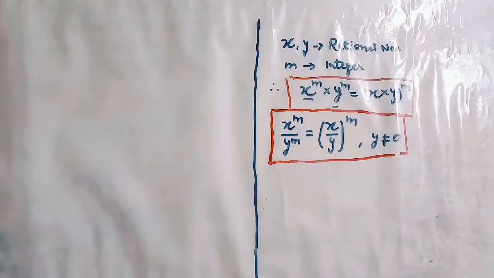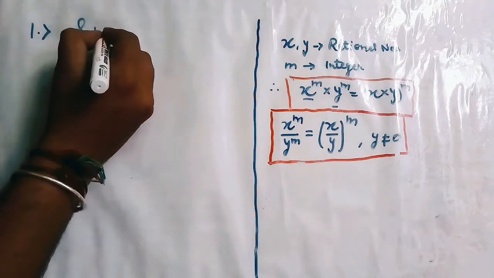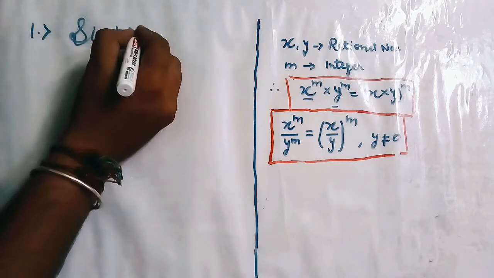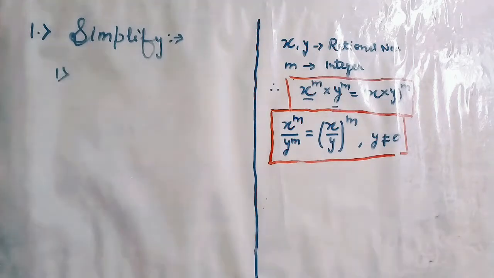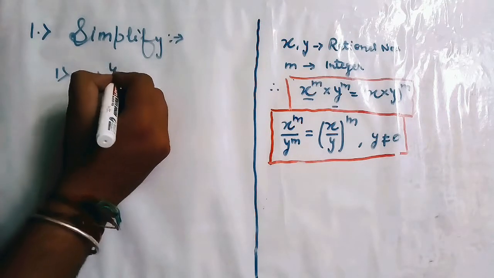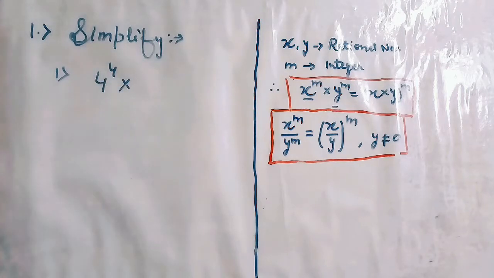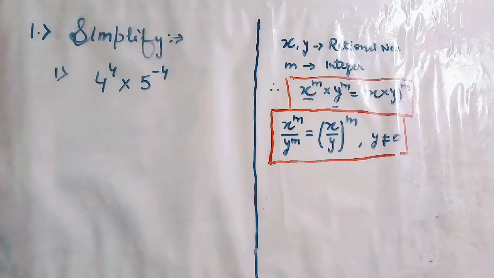And our first question is simplify, and its first part is 4 raised to power 4 multiplied by 5 raised to power minus 4.